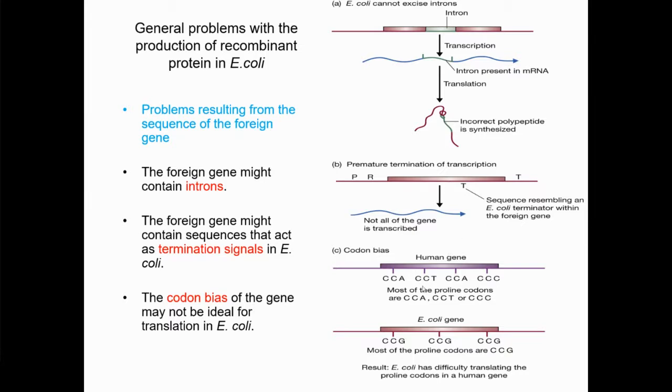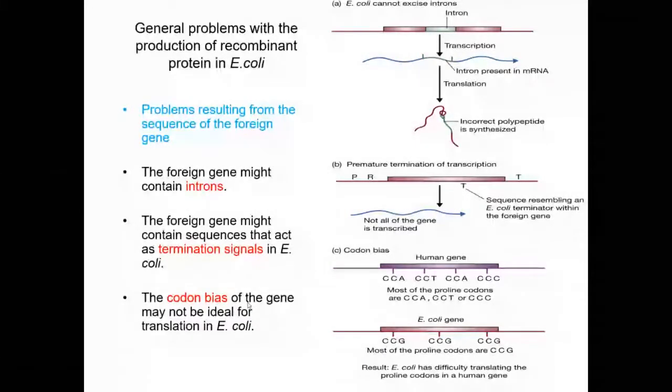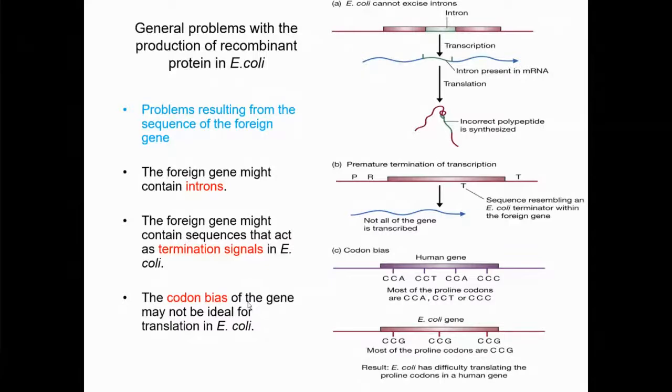That means the codons used in the eukaryotic cell might not be commonly seen in the bacteria cell. Therefore, you also need to use in vitro mutagenesis to mutate a specific codon into the popular codon used by the bacteria cell. All right, so these are the three commonly seen problems when we try to express a eukaryotic gene in the bacteria cell: the intron, early termination signal, and the codon bias.